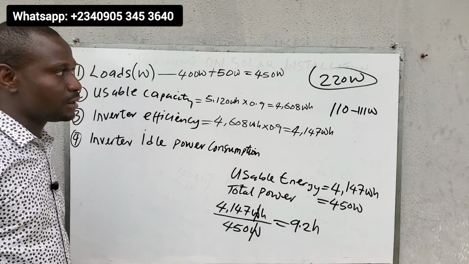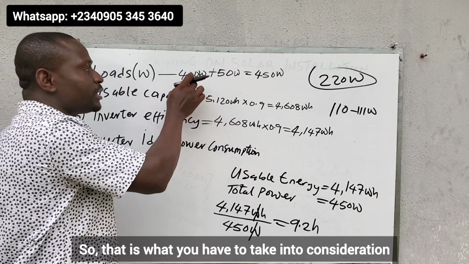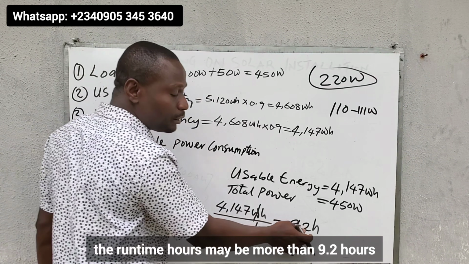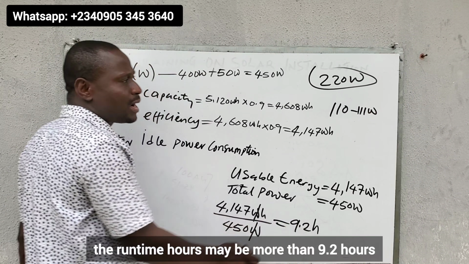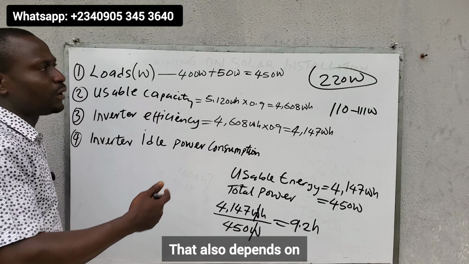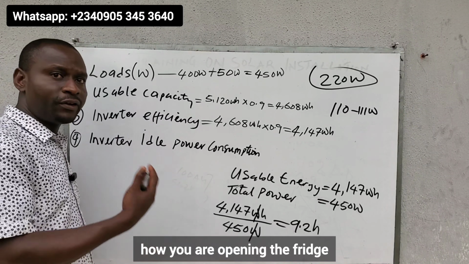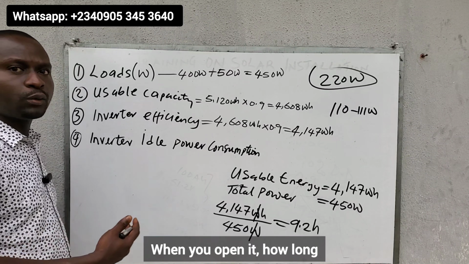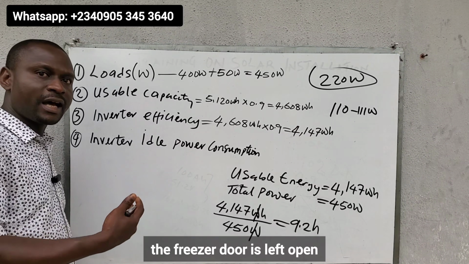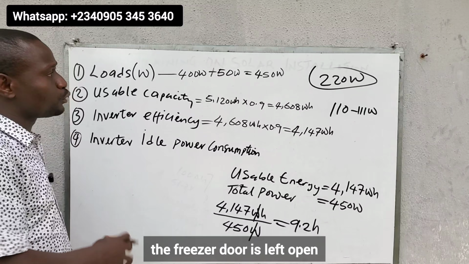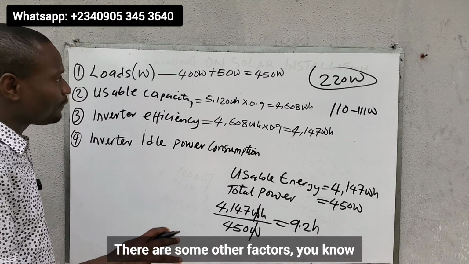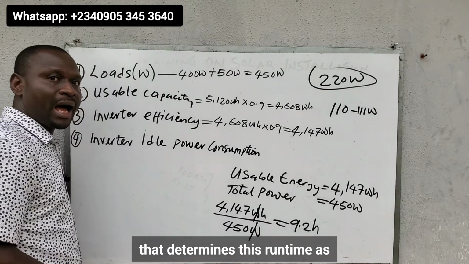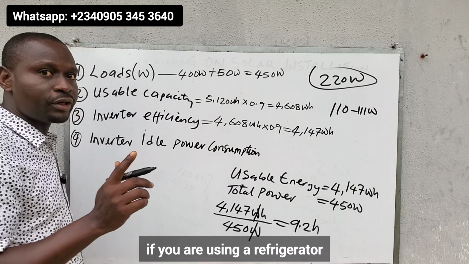It will be fluctuating. So that is what you have to take into consideration. So if a freezer is here, the runtime may be more than 9.2 hours. That also depends on how many times you're opening the fridge or the freezer, and how long the freezer door is left open. So there are some other factors that determine this runtime if you are using a refrigerator or a deep freezer.